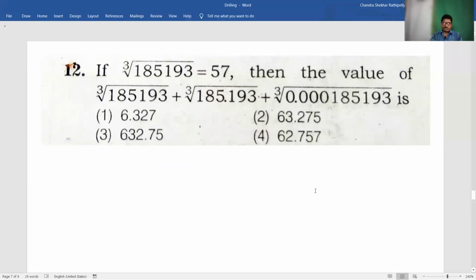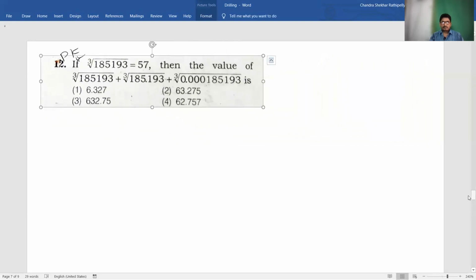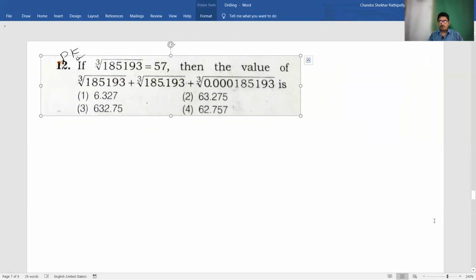Twelfth, this is also practice exercise. Cube root of 185,193 is 57. Then the value of this and this and this, plus plus plus. First, the answer is given.